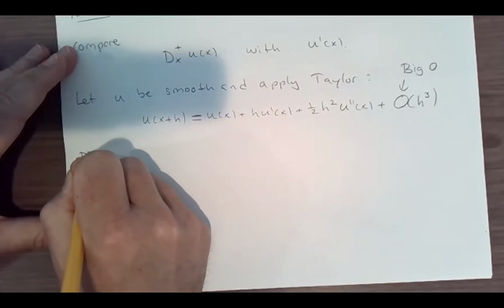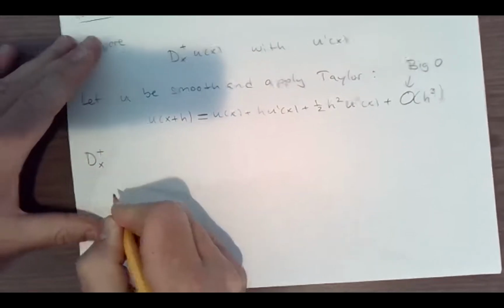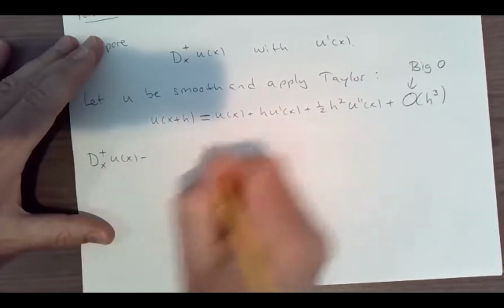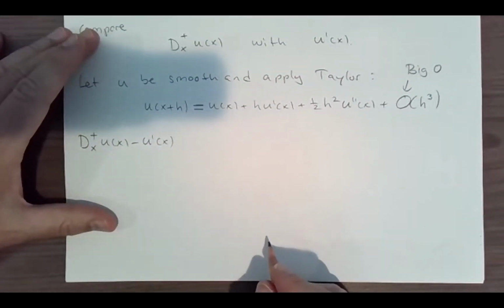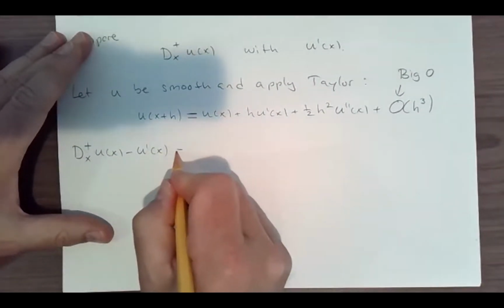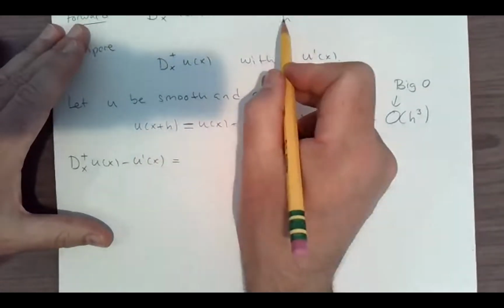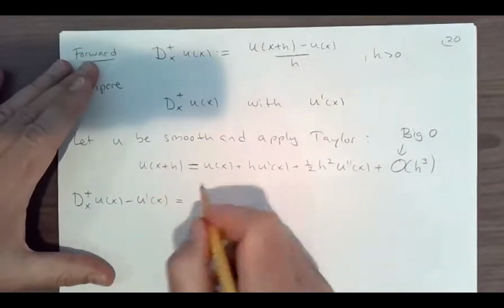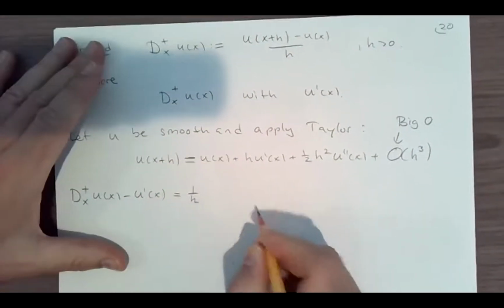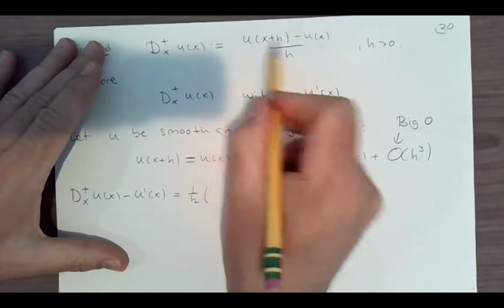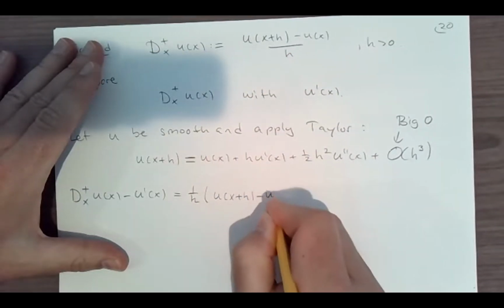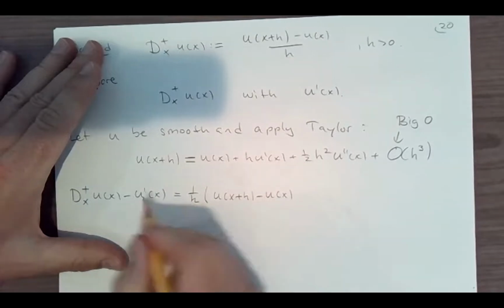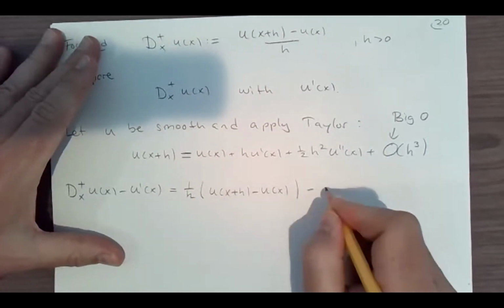Then I'll have D plus, the derivative in x, minus the actual derivative, and we'll just plug in what it is. The definition will give me 1 over h, u of x plus h minus u of x, minus the derivative.